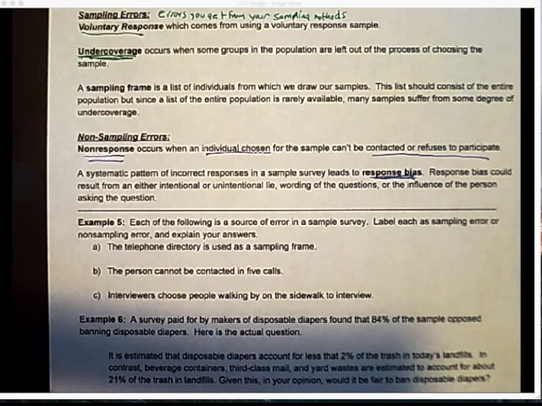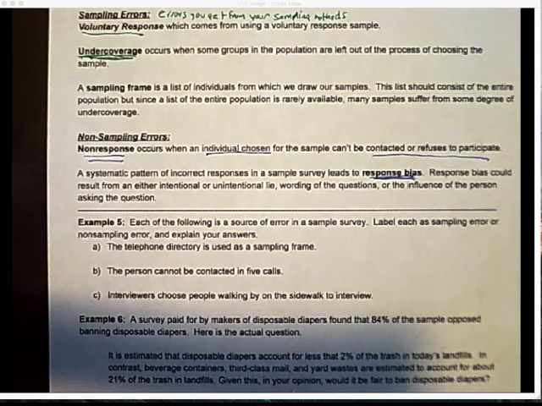If someone else asked you that question who wasn't in an authority position and they gave you methods to make sure your responses were anonymous, it would be more likely that you would tell the truth. Or, even with the wording of the questions, if I'm going to take a survey of you, I could start with, don't you think that abortion is wrong? I could say something like that to make you try to think the way I think. That's the way a sample would suffer from response bias.